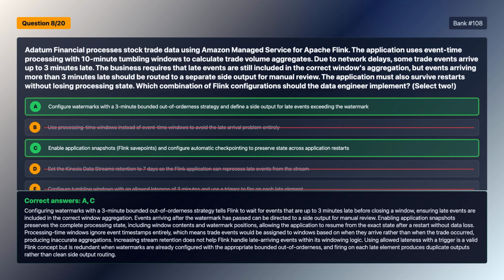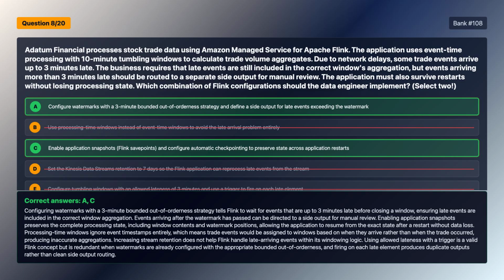Events arriving after the watermark has passed can be directed to a side output for manual review. Enabling application snapshots preserves the complete processing state, including window contents and watermark positions, allowing the application to resume from the exact state after a restart without data loss.